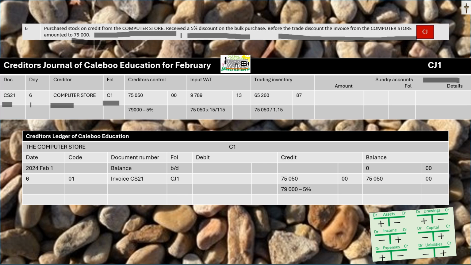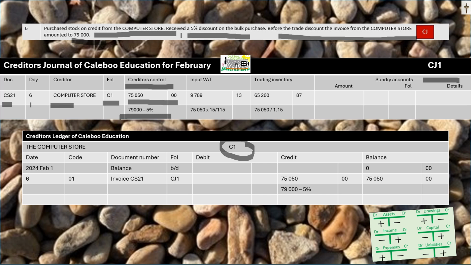What is the folio of the computer store? C1. I picked that up from the creditor's ledger. The computer store was Calibre Education's first supplier. C1, Creditor 1. The amount that goes under creditor's control, which is going to be taken to the creditor's control account in the general ledger later, is $79,000 less the 5% discount that was given because of the bulk purchase, so trade discount.